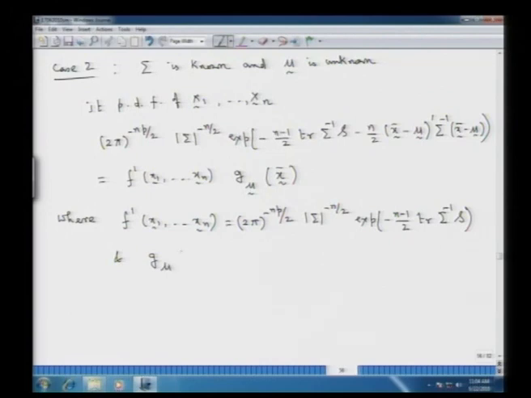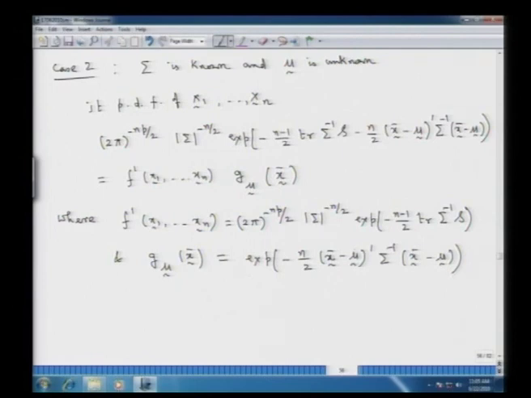And this is g of mu, sigma, x bar vector. So, this is the rest of it, which is e to the power minus n by 2 x bar minus this mu transpose sigma inverse x bar vector minus this mu vector. So, what is the characteristics of this particular function, the second function?